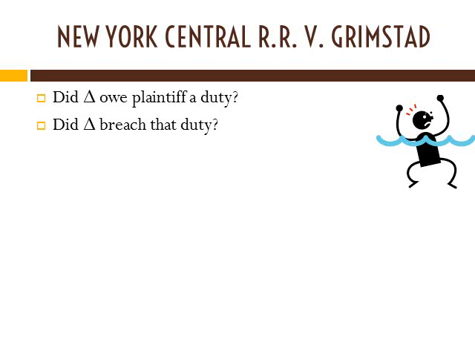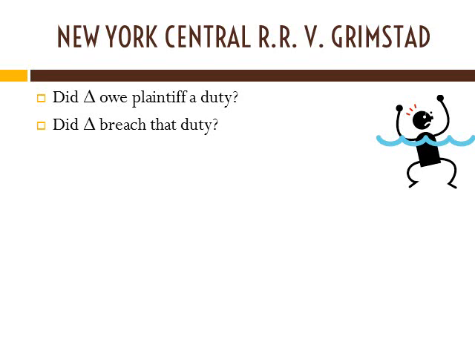Now, you'll notice that essentially when we do the breach analysis, we're saying that the defendant should have done something that the defendant didn't do. Like, we're saying the defendant should have taken a cab instead of driving drunk. The defendant should have yelled to the plaintiff's friends rather than throwing a log for her to float on.